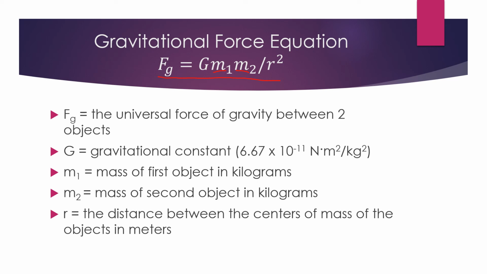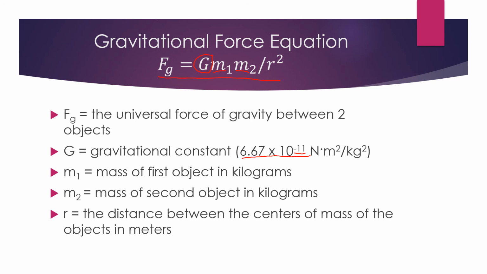Gravitational constant, this big capital G here, is not something you are going to be given in the word problem. That is a constant that is going to be the same every time you use that equation. This constant is given to you on the equation sheet. The constant is 6.67 times 10 to the negative 11th. Remember, negative 11th means it's a very, very small number.